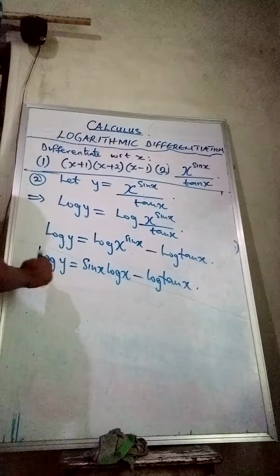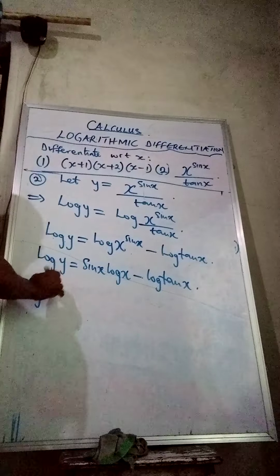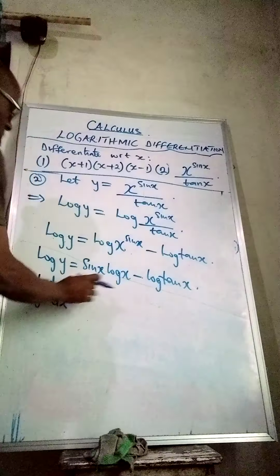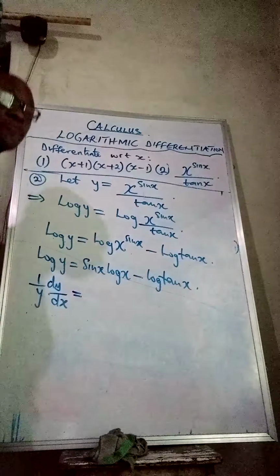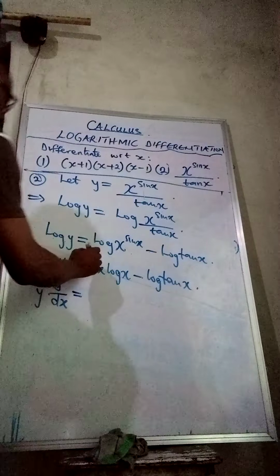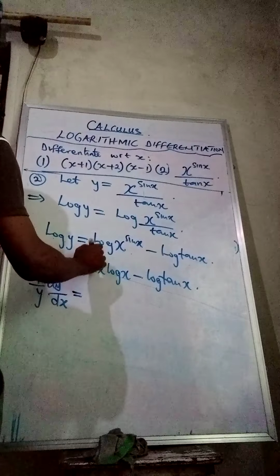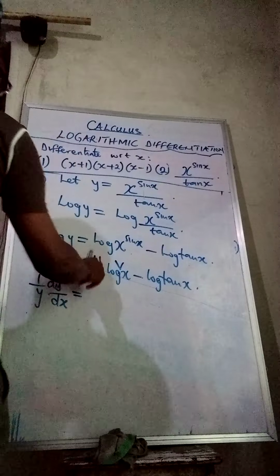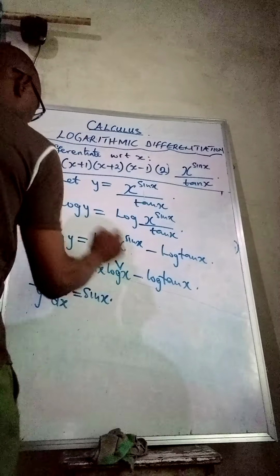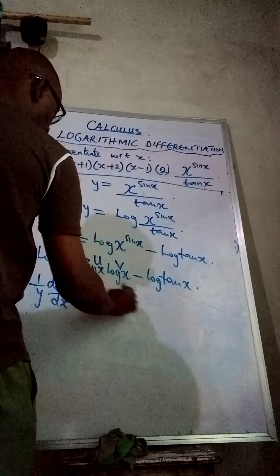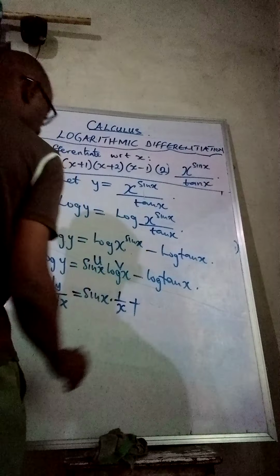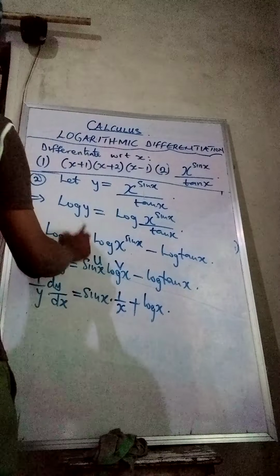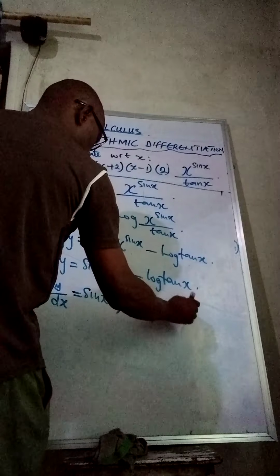When you are differentiating log y, that will give you 1 over y dy/dx, because y is a function of x. When you are now differentiating sine x log x, you apply what? Product rule. Let this be your u, and this your v. So I have u, which is sine x, times dv/dx, which is 1 over x, plus v, which is log x, times du/dx, which is cos x.